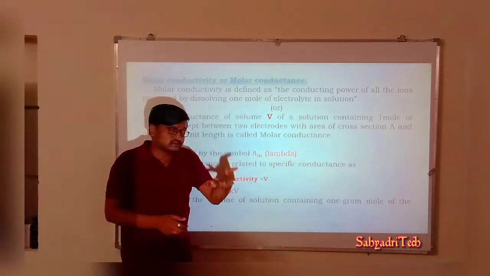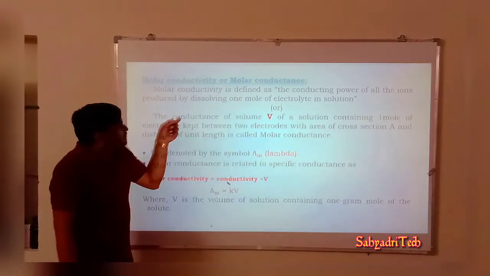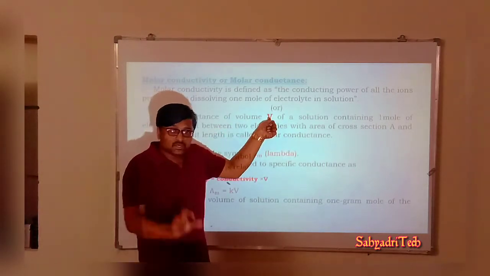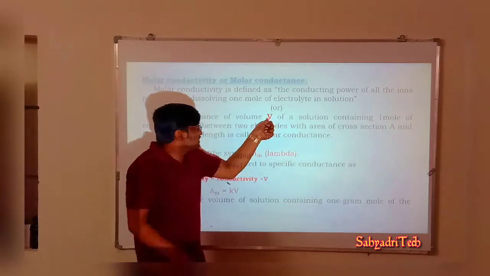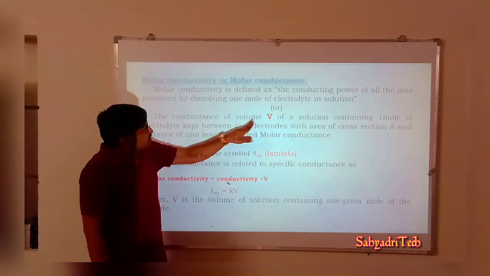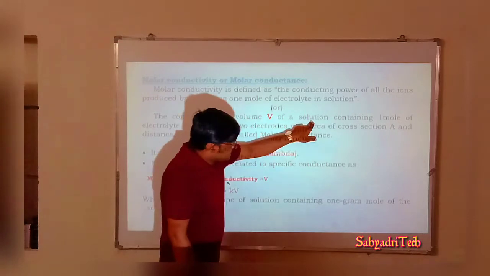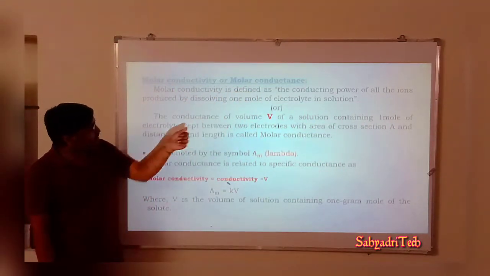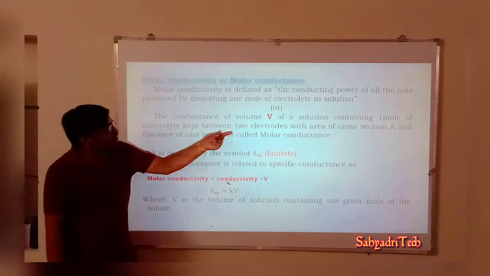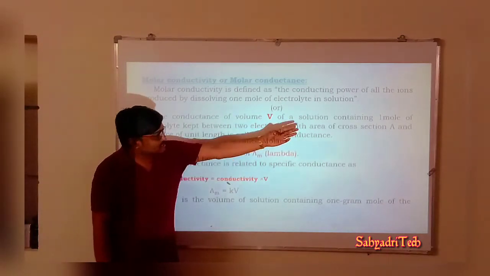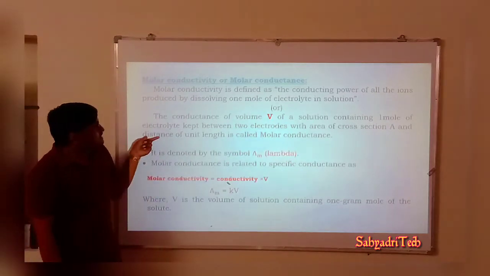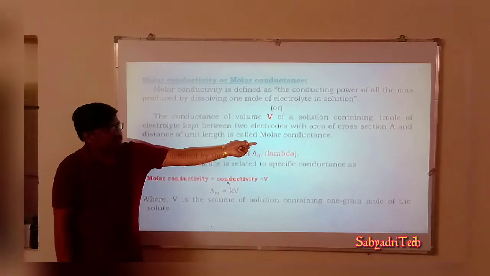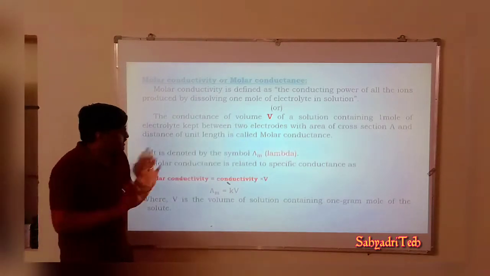In another way, we can define it as the conductance of volume V of a solution. Now I am specifying the volume. It is the conductance of volume V of a solution containing 1 mole of electrolyte, kept between two electrodes with area of cross section A and distance of unit length, and is called molar conductance. Let me repeat this.